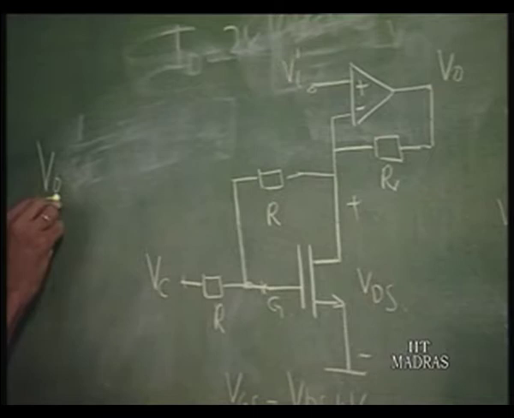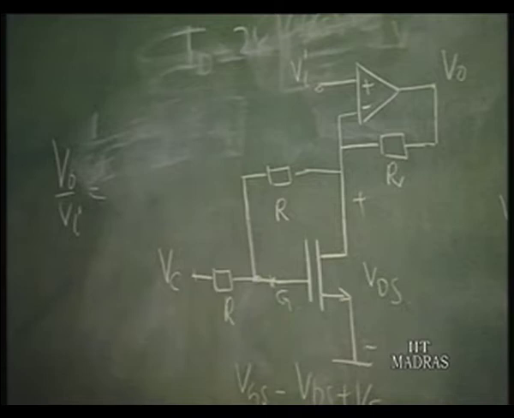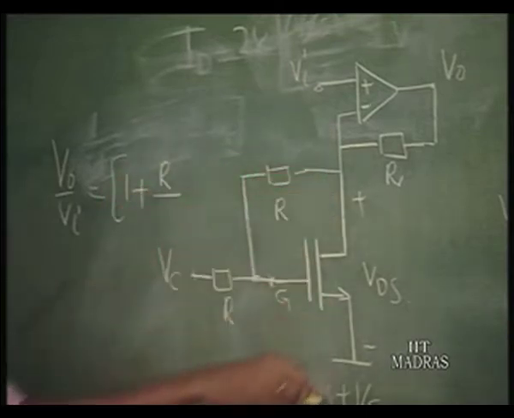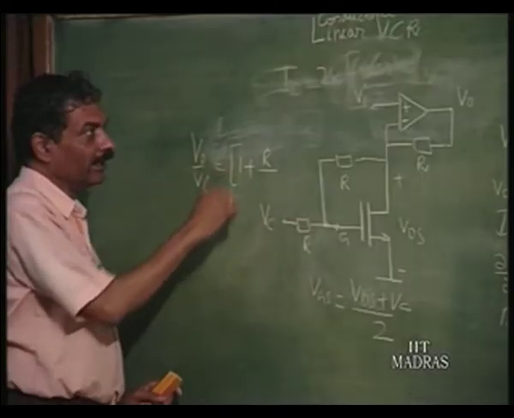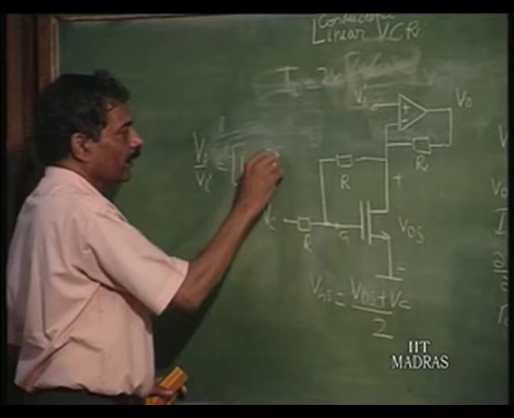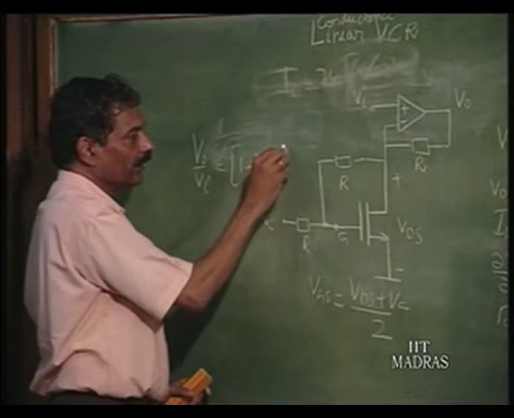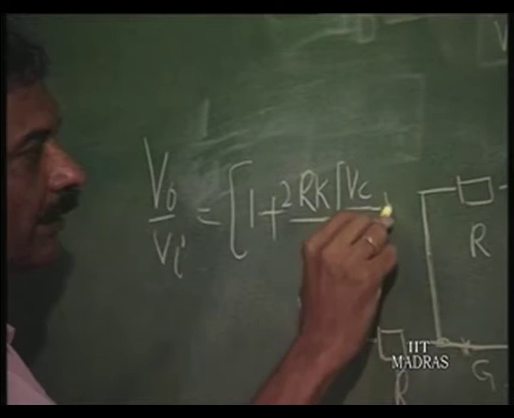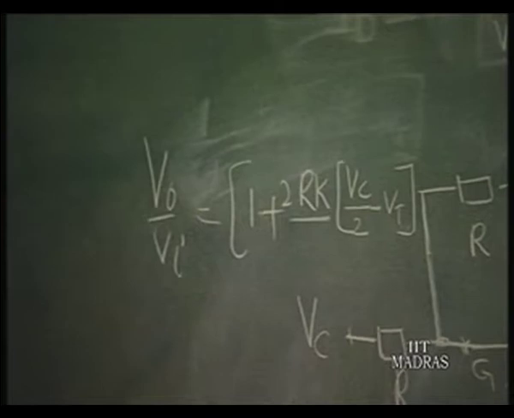V naught over Vi in this amplifier is nothing but, this is a non-inverting amplifier, okay, 1 plus R by RDS is the gain of this non-inverting amplifier. 1 by RDS is nothing but 2K into (VC by 2 minus VT), that is all.